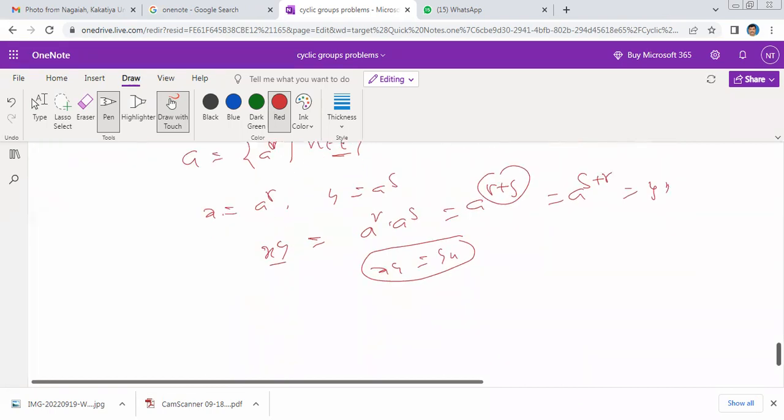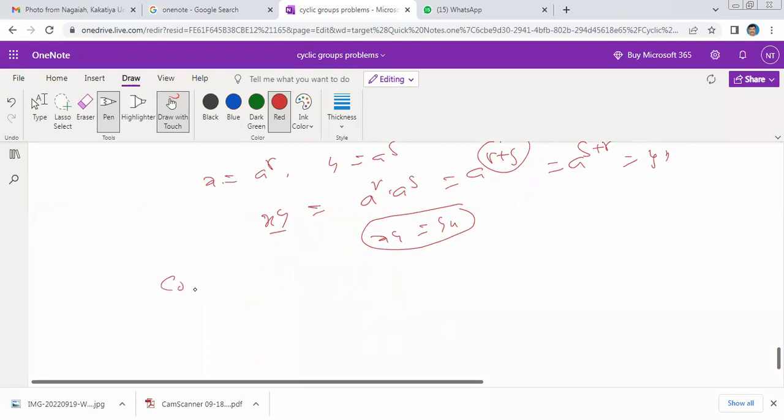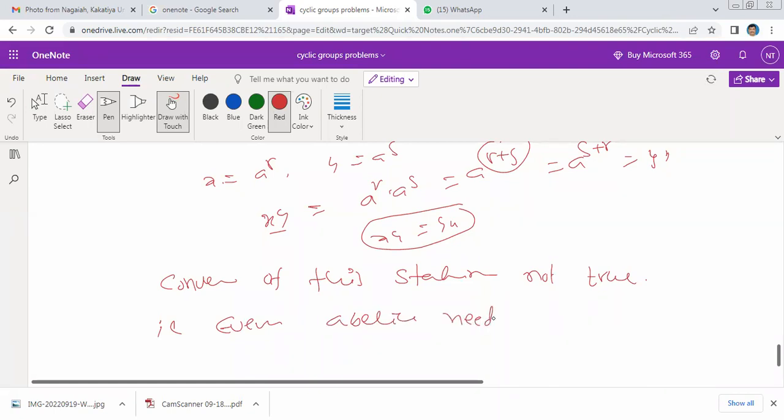But the converse of this statement is not true. That means every abelian group need not be cyclic.